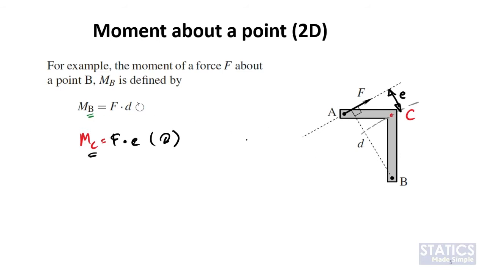In terms of magnitude, we will see that MB will be larger because D is way larger than E. Okay. So MB will be larger than MC. All right. So a moment will depend on force as well as distance from the line of force towards the point of moment. Okay. Is there any point that will give us zero moment? Which point gives us zero moment?